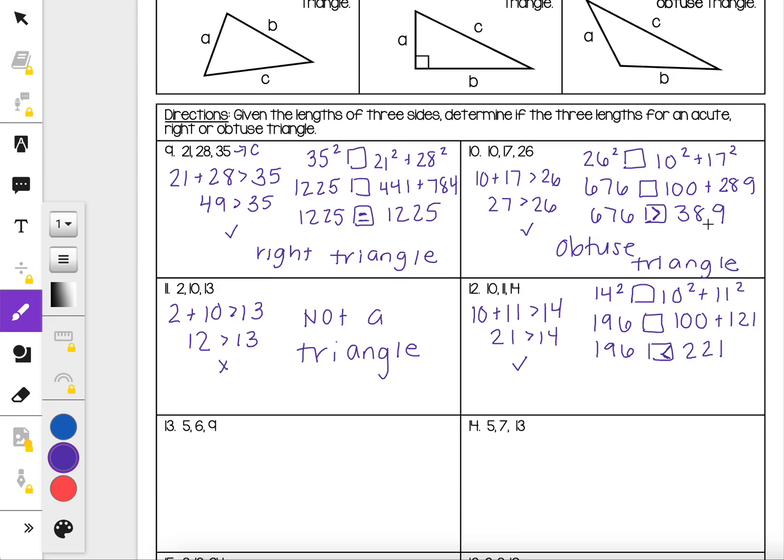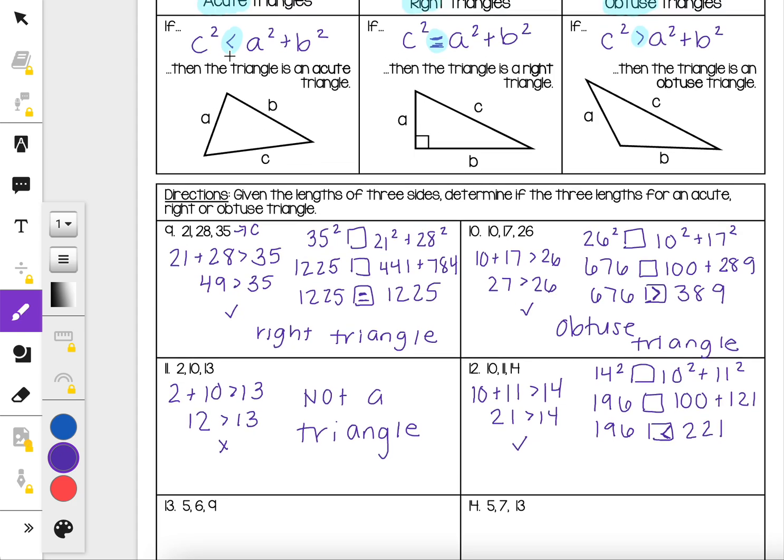So if we go back and look up here, if c squared is less than a squared plus b squared, like in number 12, this is going to be an acute triangle. Okay, so these four examples here are each of the four scenarios that you could get. You could get a right triangle, you could get an obtuse triangle, not a triangle, or an acute triangle.